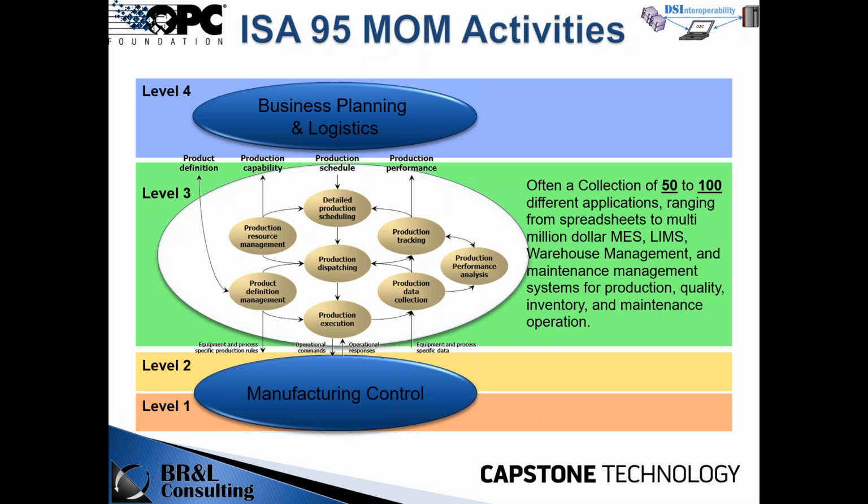ISA95 defines these as activity models and as data objects. ISA95 is implementation independent. It doesn't define exactly how these pieces integrate, but it does define a standard terminology for what the things are that go between level 4 and level 3, and the type of information that goes between them.